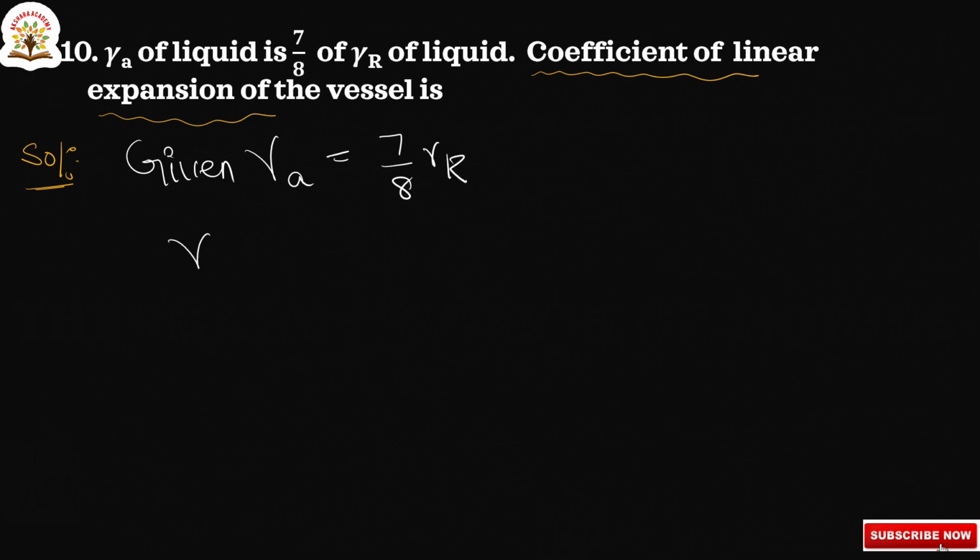So, real expansion of liquid is equal to apparent expansion of liquid plus cubical expansion of vessel.